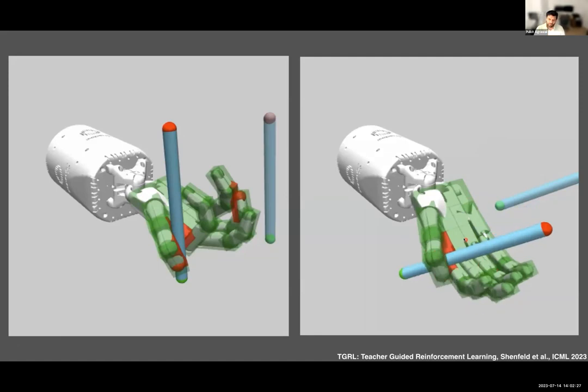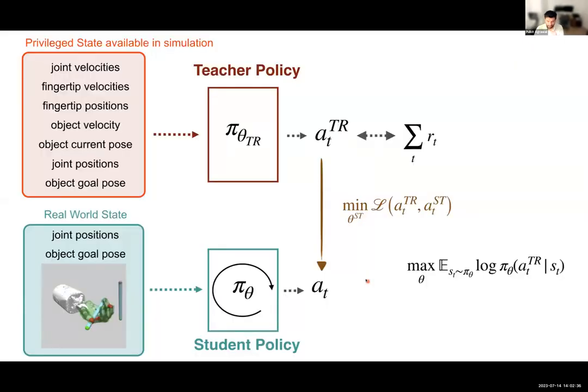Now, if you want to start using tactile sensors and use the same sim-to-real approach, we do run into some issues, and I'm going to illustrate what this issue is. Remember, we had this paradigm where we have a teacher policy operating from privileged state. Then in the real world, we have joint positions, the goal pose, but now instead of vision, we're going to have tactile readings, which the student has access to imitate the teacher action.